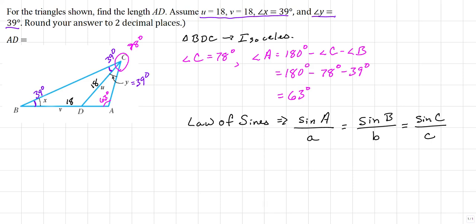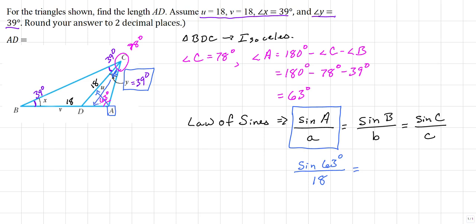So when we look at angle A, the side opposite angle A is going to be our little side A from our ratio of sine A over A. So in this case, we'll say the sine of 63 degrees over 18 will be equal to, and now we look at this angle here, which we know is angle Y, and that's equal to 39 degrees, and that's going to be set up in a ratio with the side opposite, AD.